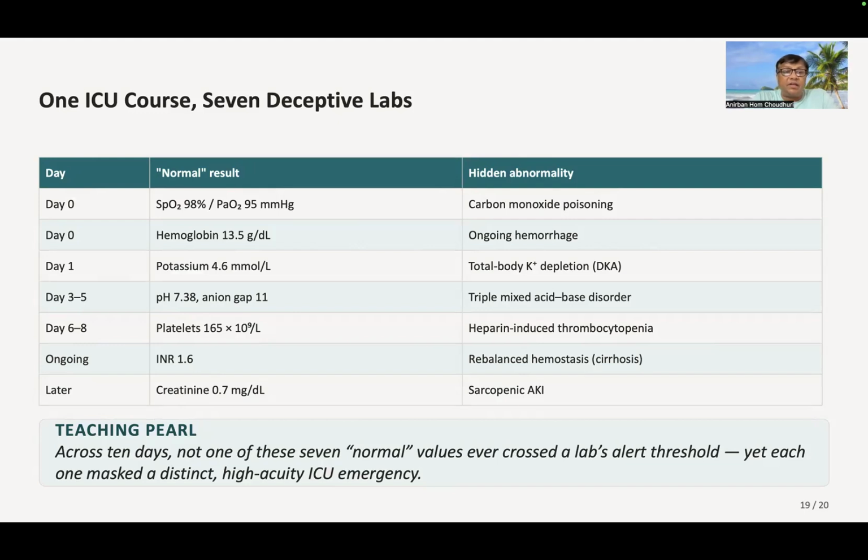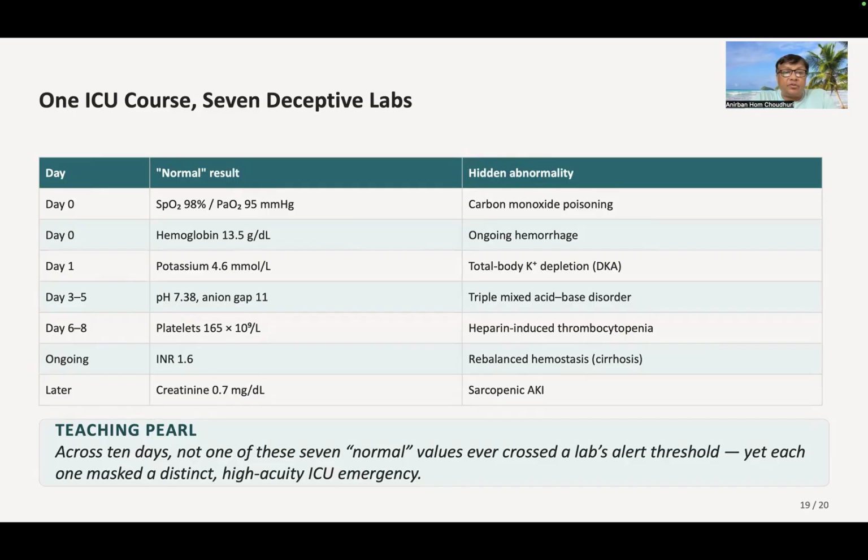On day 1, the patient had a normal potassium with totally depleted potassium stores because of DKA. Between day 3 and day 5, the patient had a normal-looking pH with a normal anion gap, with a triple mixed acid-base disorder, all moving in opposing directions to nullify each other and bring a normal picture.